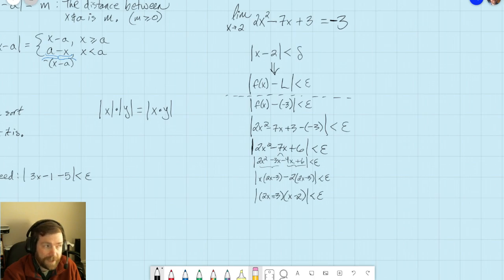Now, at an x value of 2, or immediately surrounding x equals 2, here, this is going to be 2 times 2 is 4, minus 3 is 1. So we're going to get a value that is infinitesimally close to 1 as we start closing in on x equals 2 from either side on this limit.